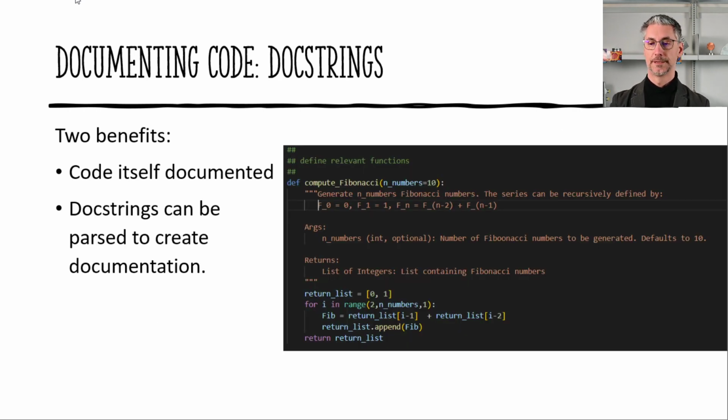So this is what's done here. This has 2 benefits. The code itself is documented, and also these docstrings are then used by the Sphinx package to generate the documentation. So if you remember our previous version of this function, it didn't have the triple quotes.